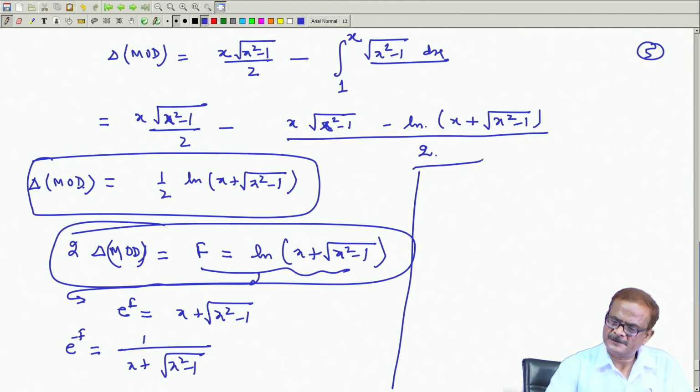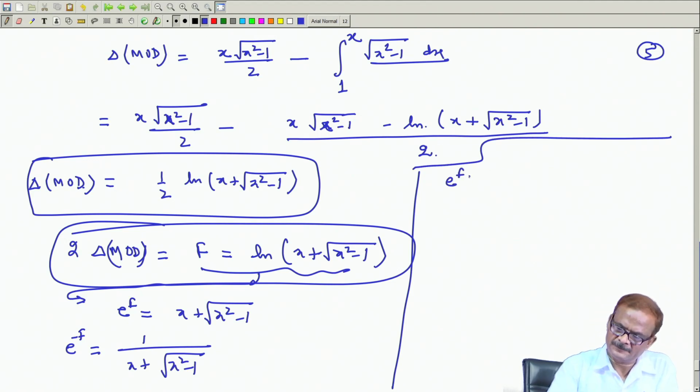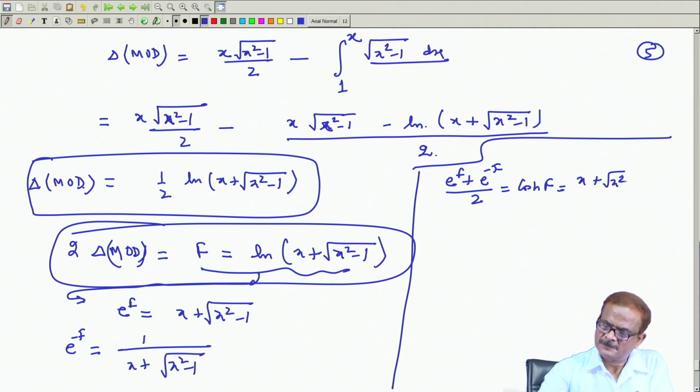And if we try to rearrange this and write it like this, e to the power F plus e to the power minus F divided by 2. So, from here we will get this as nothing but the cos hyperbolic function.